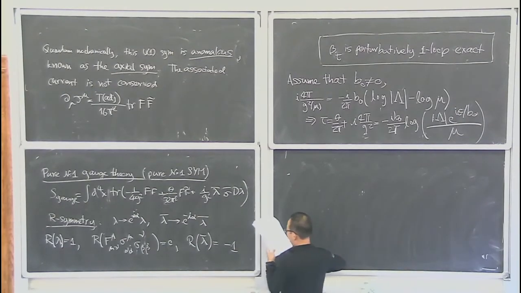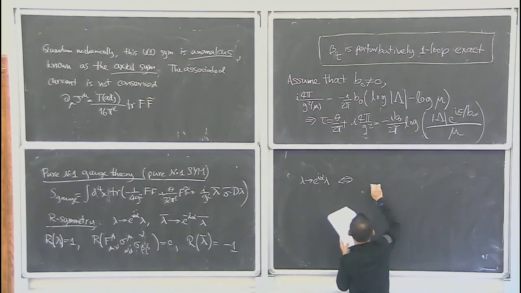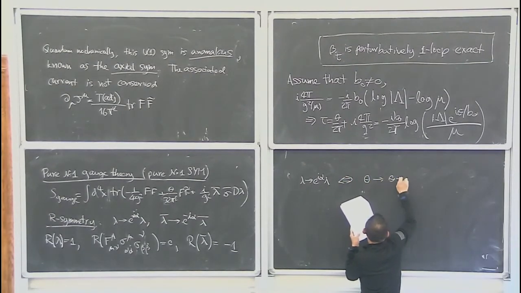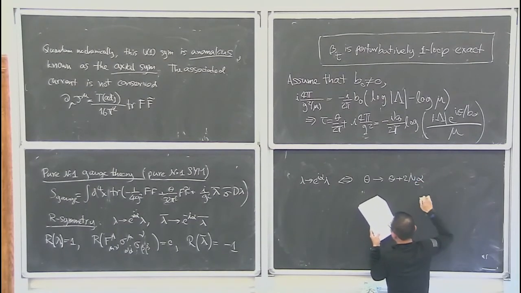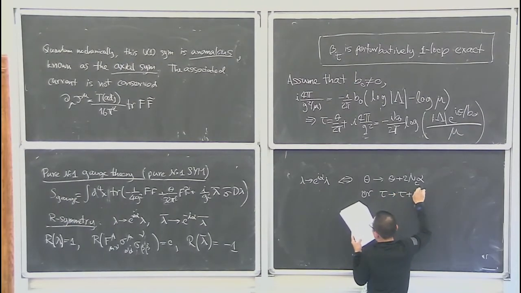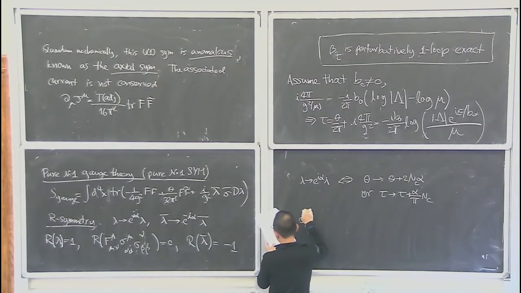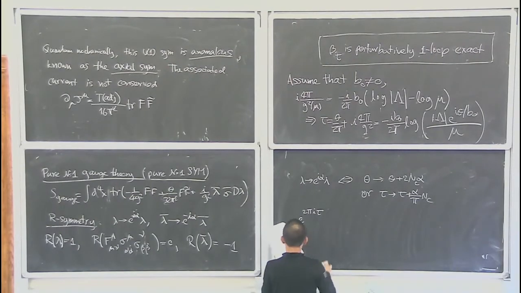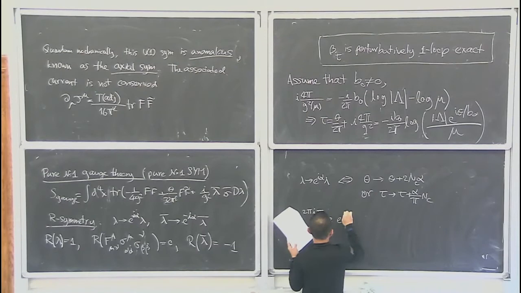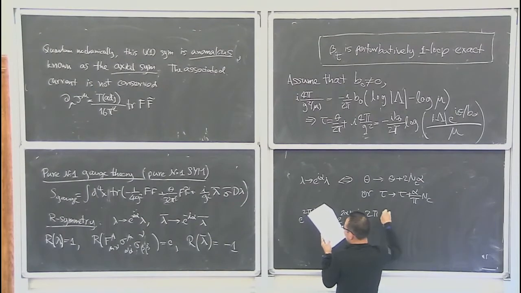If you remember, this shift in the phase of the fermion is equivalent to a shift in the theta angle by theta plus 2 N_c alpha, or a shift in tau to be tau plus alpha over pi N_c. Hence e^(2 pi i tau) is shifted by e^(2 alpha N_c i) times e^(2 pi i tau).